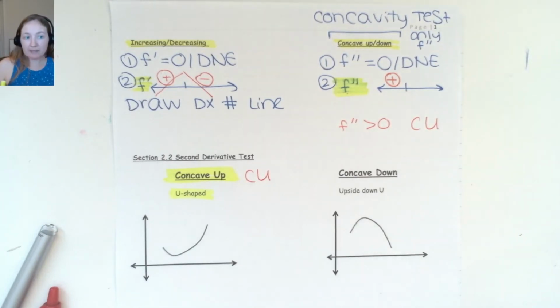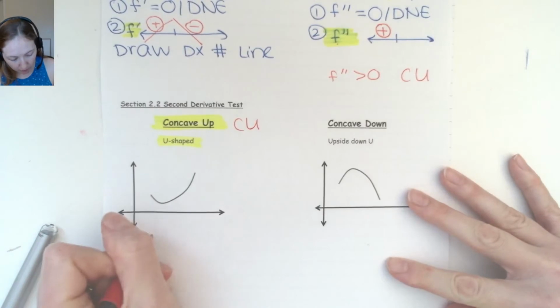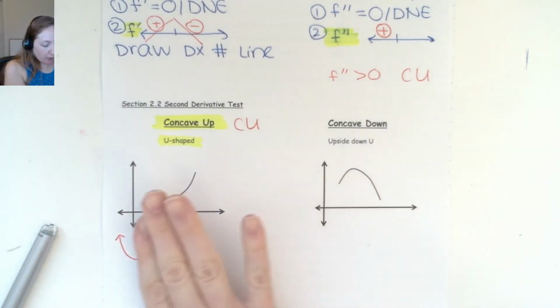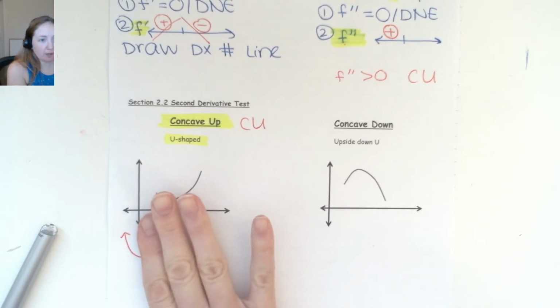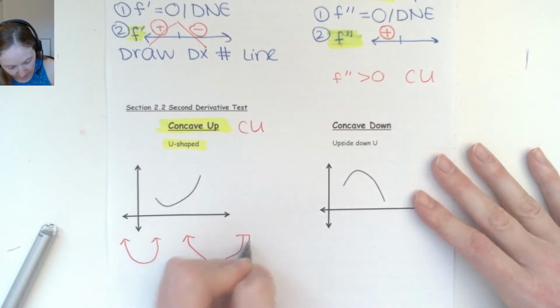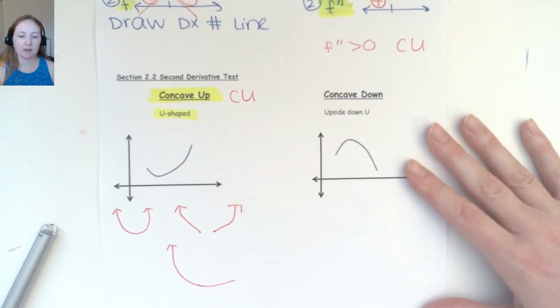We don't know exactly what U we're going to have. We might have a full U for a concave up function, or we could have just a portion of the U function graph. So for example, I could have just this, or I could have just this, or I could have a big loop like this. That would all be concave up.